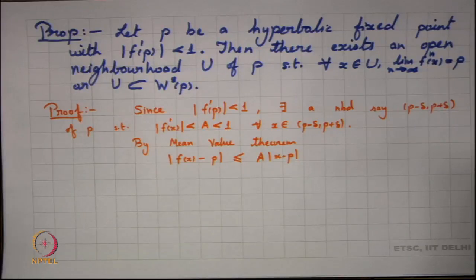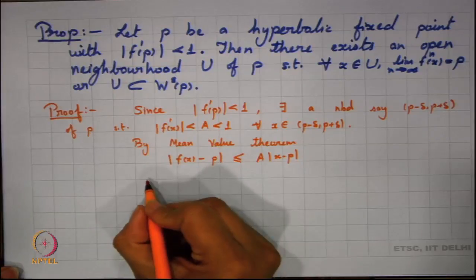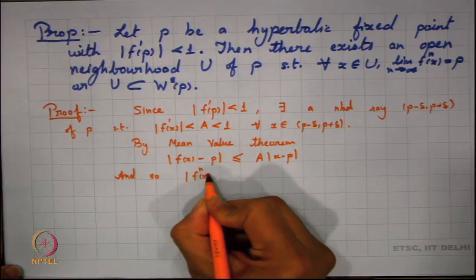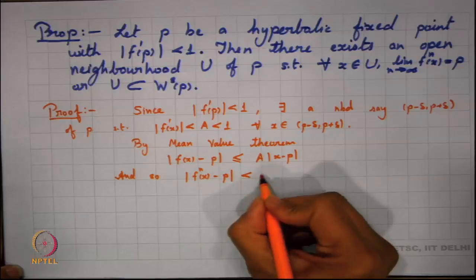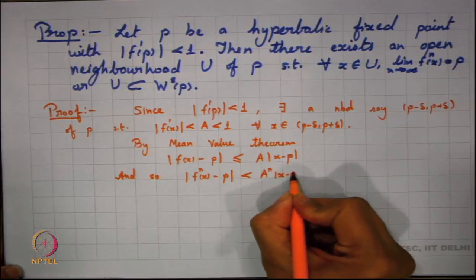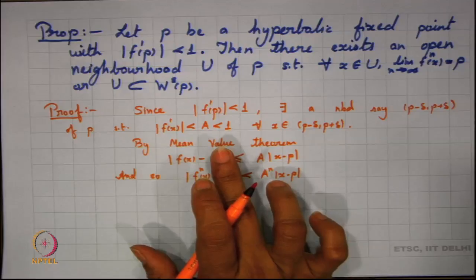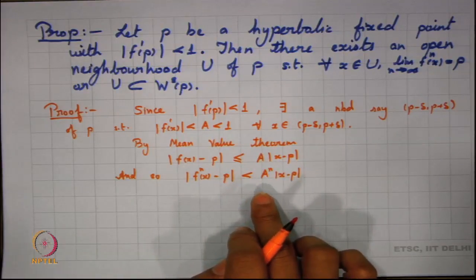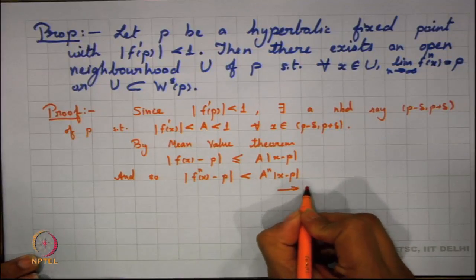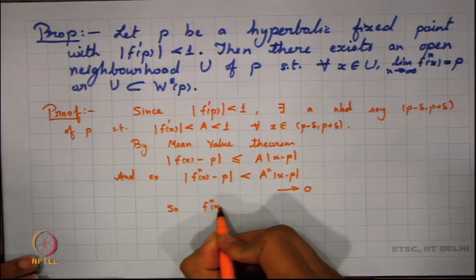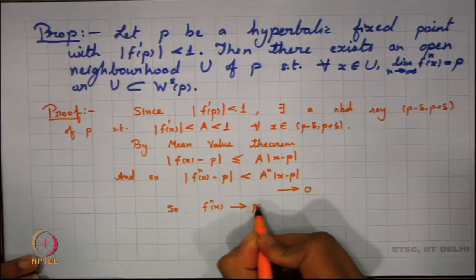So, by mean value theorem we can say that mod of f x minus p is less than a times mod of x minus p, and if I try to look into this repeatedly, since a is some quantity which is less than 1, this particular part on the right hand side would be converging to 0, and hence f n of x can be said to be converging to p.